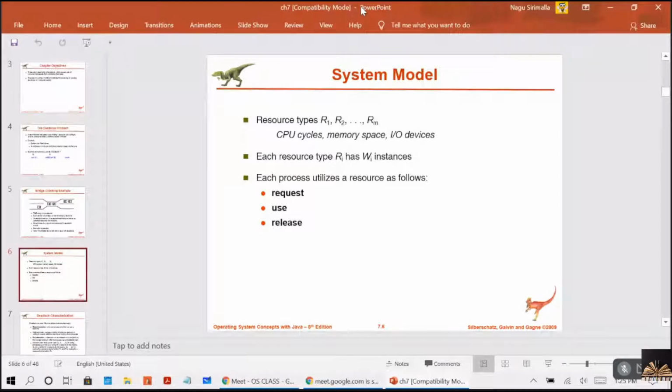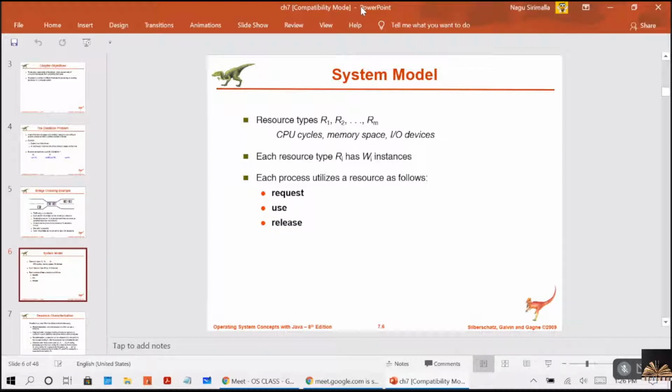We have a set of system calls for requesting and releasing the resources. That is not there in the PPT, I'm just telling you. For device system calls, whether input or output device, we use request and release. If it is semaphores, then wait and signal. If it is mutex, acquire and release.